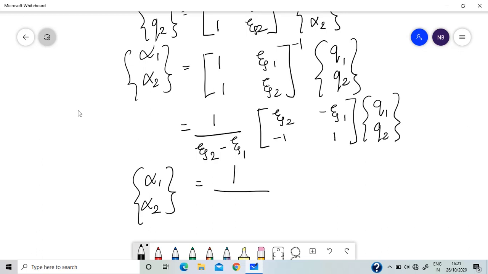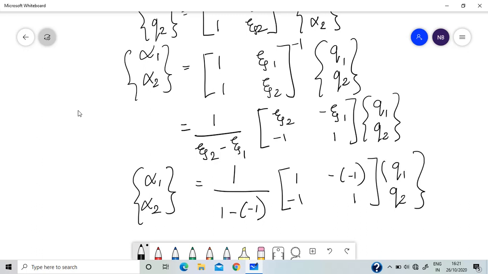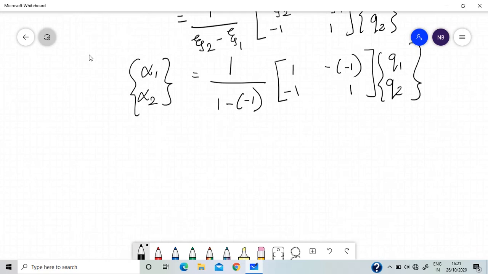So now let us substitute for zeta 2 and zeta 1. Zeta 2 was 1 and zeta 1 is -1.